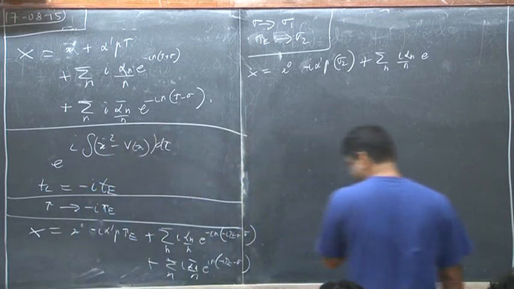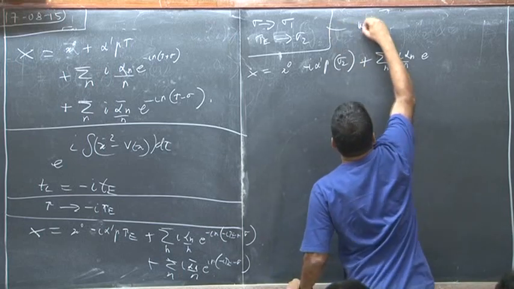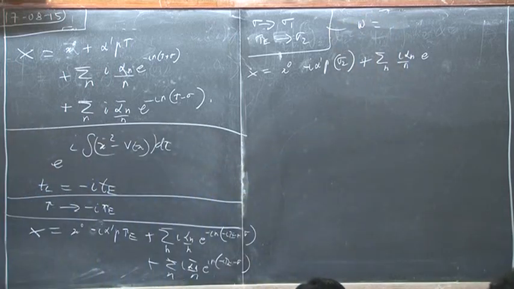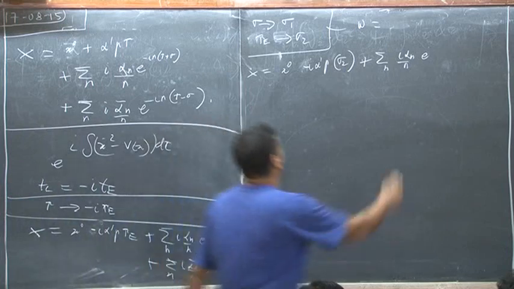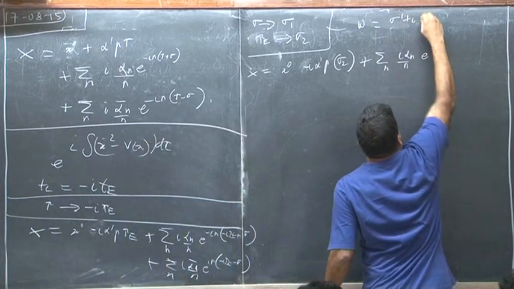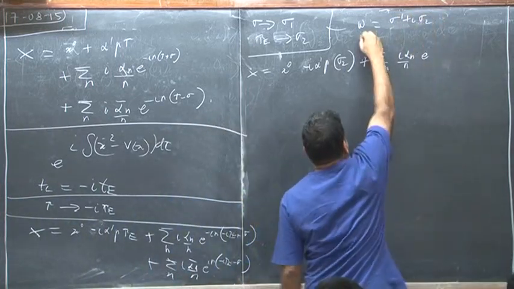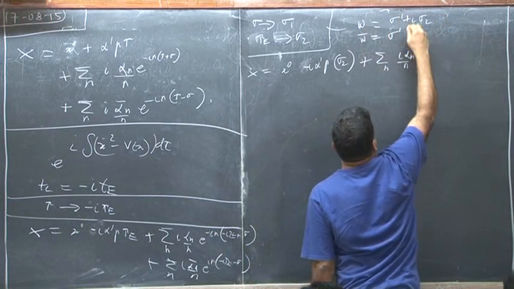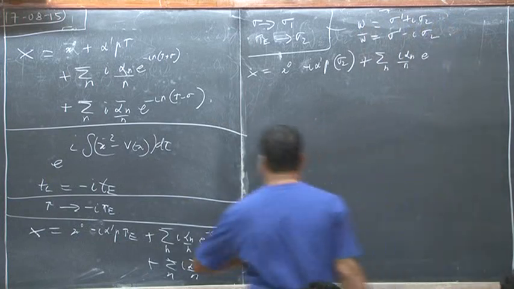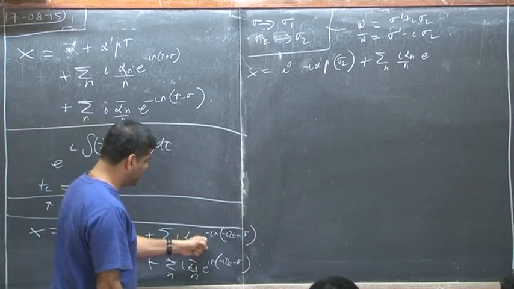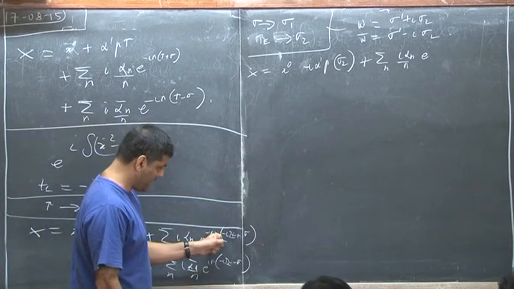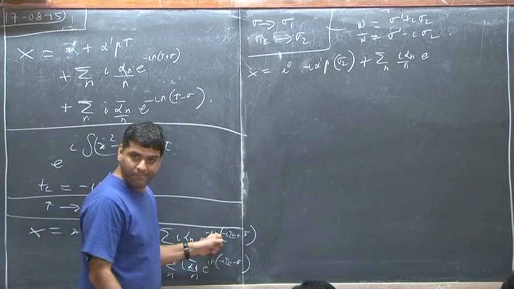If we write w equal to sigma 1 plus i sigma 2, then clearly w bar is equal to sigma 1 minus i sigma 2. So this term becomes e to the power minus i n w bar.